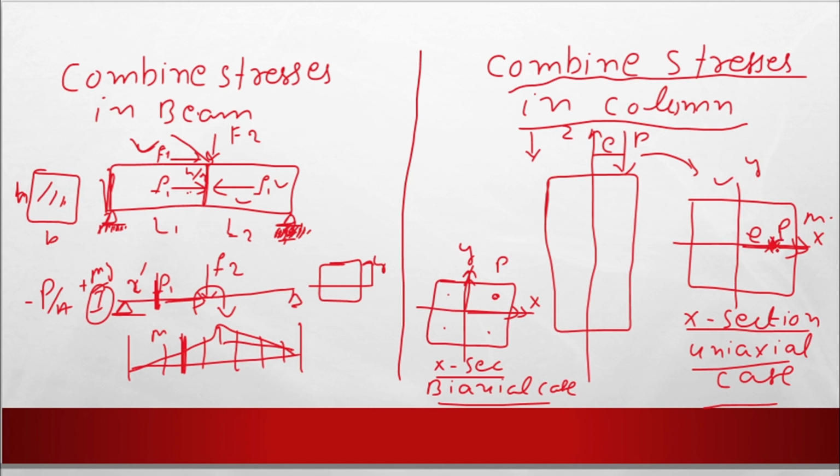When you strike your pen on the paper at this point, this will rotate the section about this axis. So this is M_y, and its value is P into the e distance. If this is the y distance and this is the x distance, you can use this type of approach. So this is the general consideration.